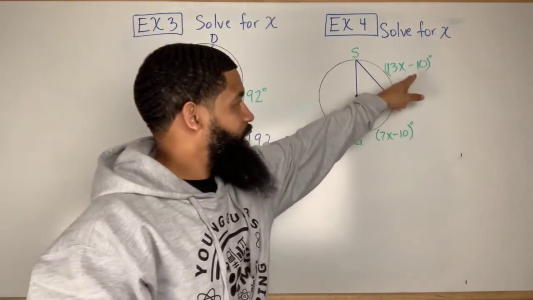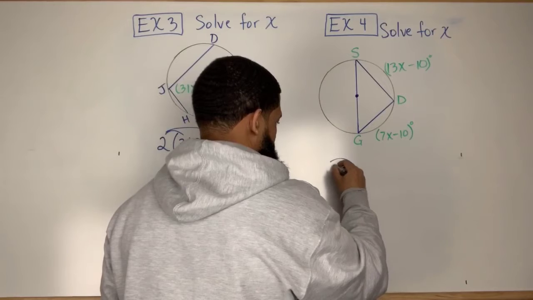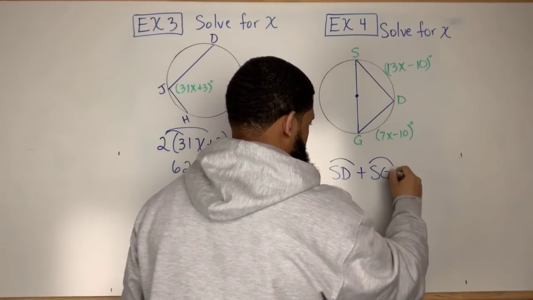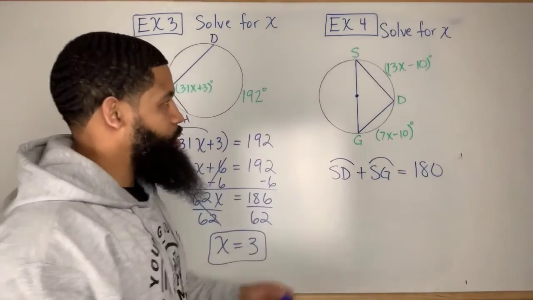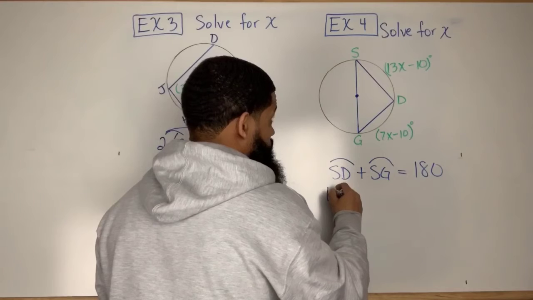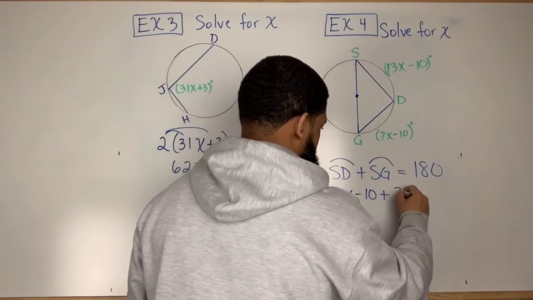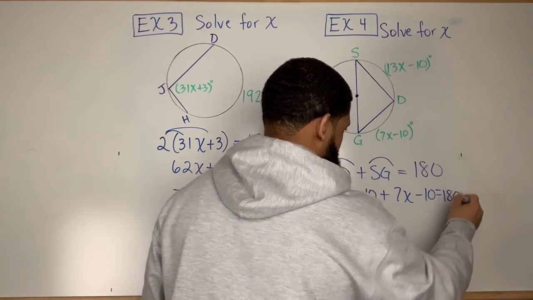So if we want to find x, what we can say is arc SD plus arc SG is equal to 180. All right, so we're simply going to take those expressions. I have 13x minus 10 plus 7x minus 10, and that equals 180.